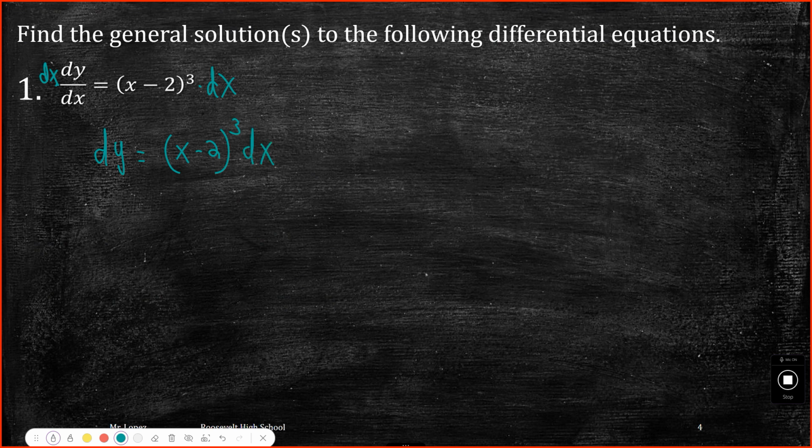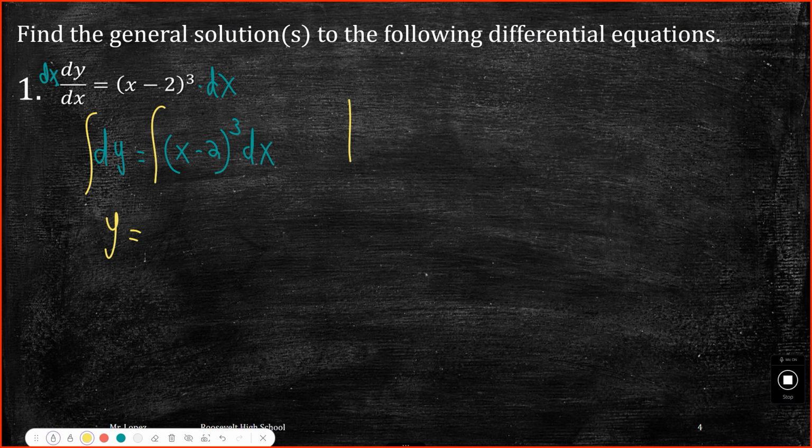Then what do we do? Integrate. So y is equal to... going back to chapter 6, how do you integrate something like this? Good thing that this is linear, x minus 2, so we can use u substitution.